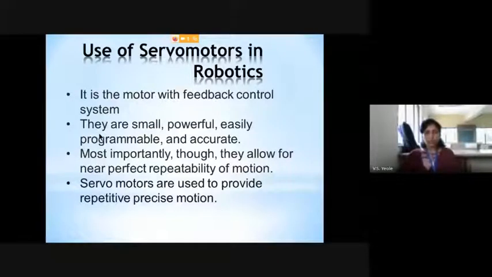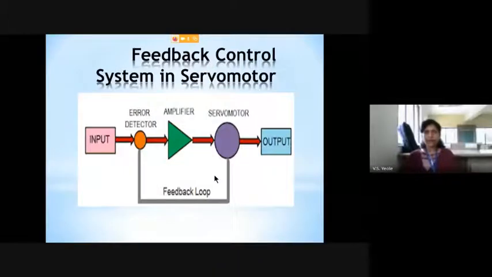These are used because these types of motors are small and powerful. We can program these motors, and their movements are accurate. So I will show you the feedback control system in a servo motor.